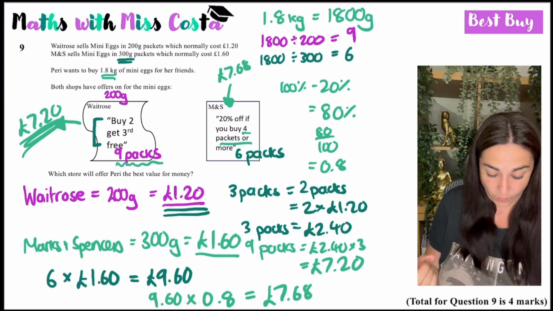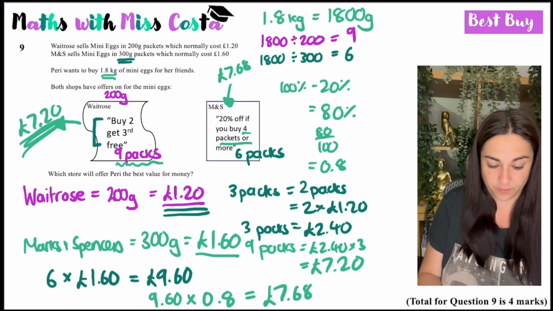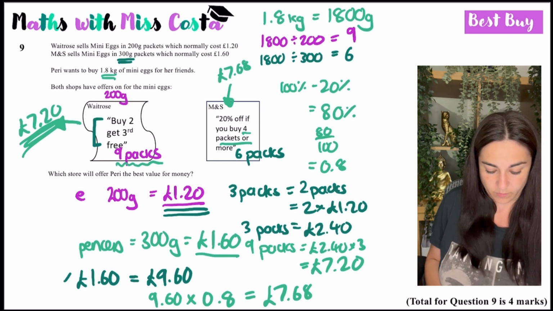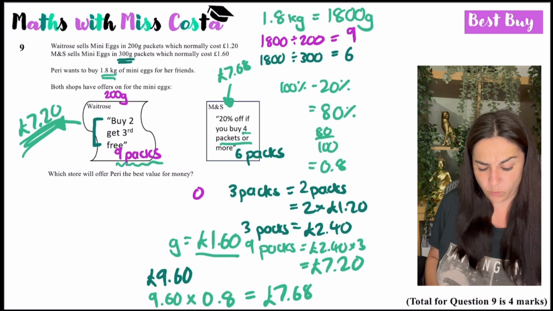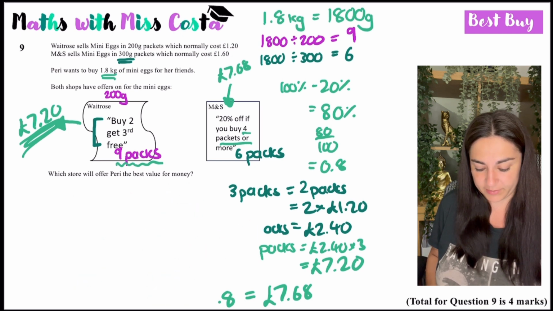So when I'm doing a best value for money question, what I want to do to work out the best value is whatever is cheapest.